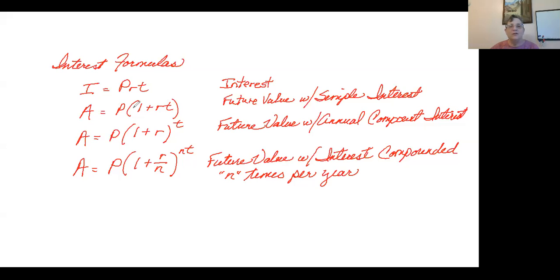Or you can determine, if you know the principal and the amount that you want after a certain number of times, you can determine the rate, annual interest rate, or you can determine how long it's going to have to stay there.